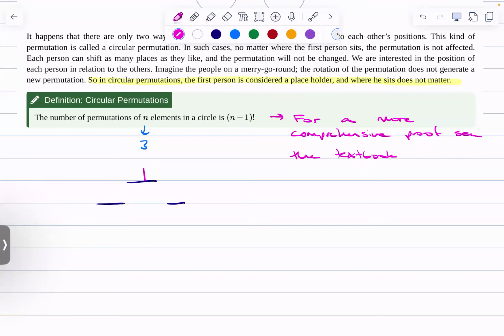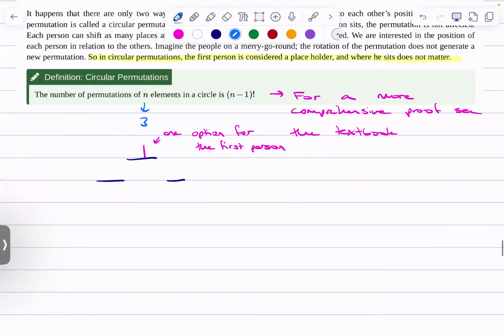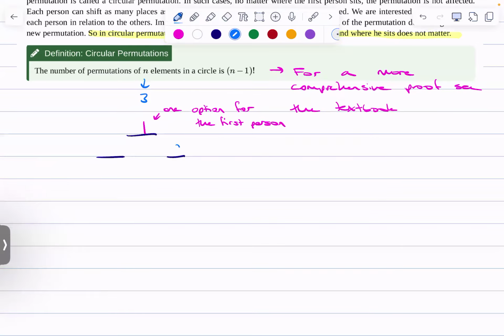There's only one option for the first person, which means that we have 2 left and then 1. So if you move through the circle, 1 times 2 times 1 is 2.